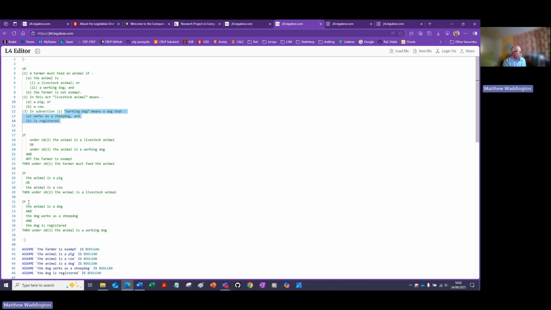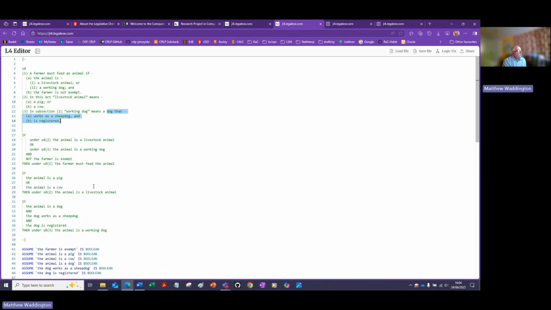So we recast that as if the animal is a dog and the dog works as a sheepdog and the dog is registered. So it's the animal is a dog we're taking from here, and means a dog, and then the dog works as a sheepdog and the dog is registered.